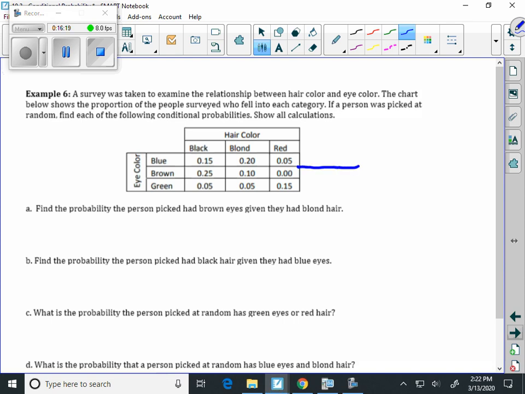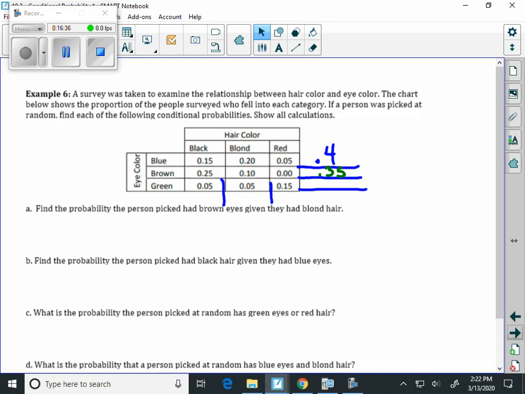So when we add here, then we add here. So 0.15 plus 0.2 plus 0.05 is 0.4. 0.25 plus 0.10 is 0.35. 0.05 plus 0.05 plus 0.15 is 0.25.